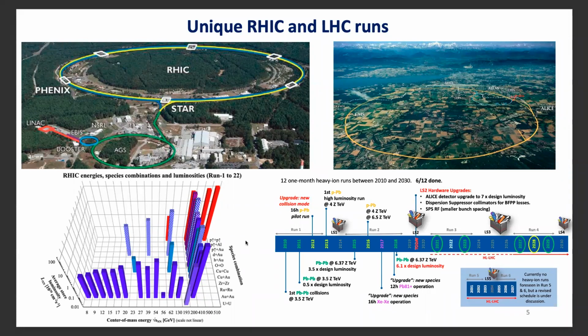And we also have a very large range of collision energies from a few GeV to 200 GeV. And at LHC, they also have p-lead, lead-lead, xenon-xenon, and in the future p-oxygen and oxygen-oxygen collisions. So this provides us a very good opportunity to study and to understand the nuclei.